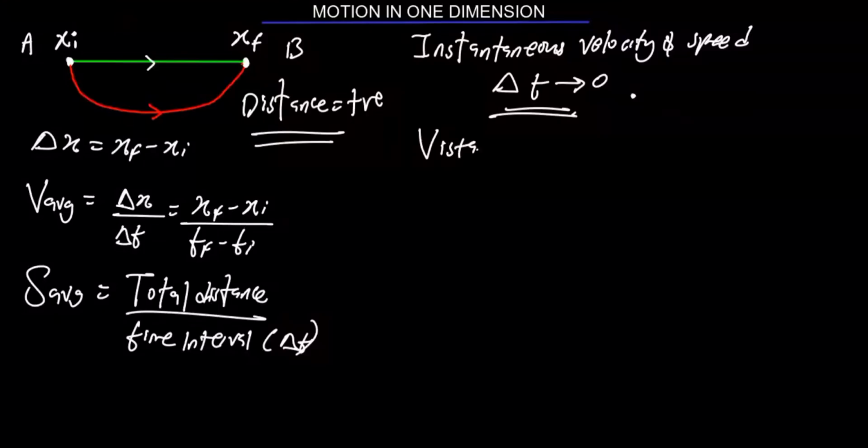Instantaneous velocity, let me just use v, for instantaneous velocity, how do we define it? We take the limit as delta t shrinks to zero of the average velocity.